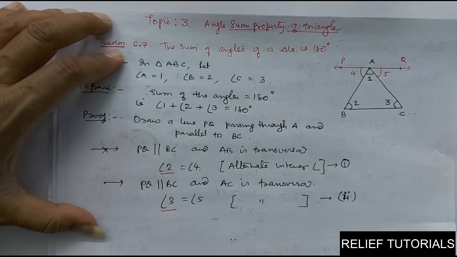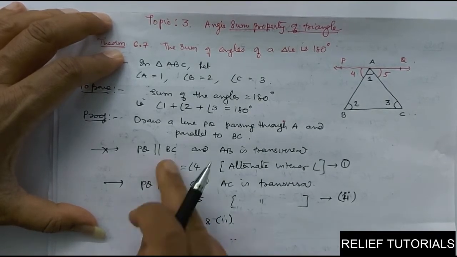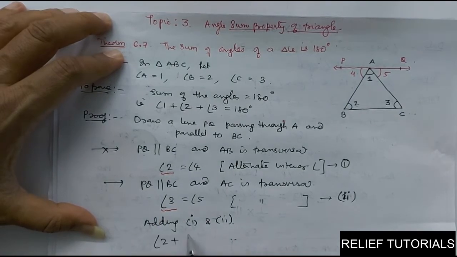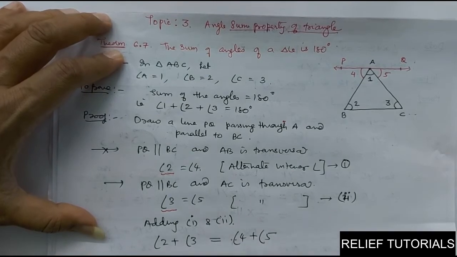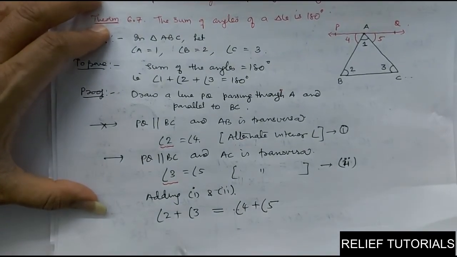Now we will add 1 and 2. Clear? So adding 1 and 2. Here in LHS we will get angle 2 plus angle 3 is equal to angle 4 plus angle 5. Have you got it? I have written this first so that you will get both at one side.